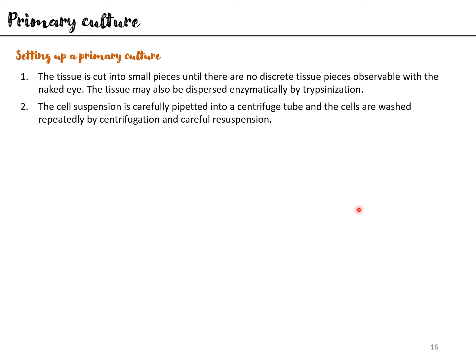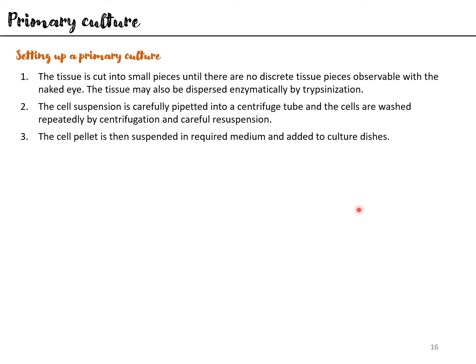You remove whatever supernatant is there, add a buffer, and resuspend the cell pellet in the buffer, centrifuge it again, get the pellet, and discard the supernatant. Add the washing buffer again and repeat this process a couple of times to wash the cells and to remove any traces of the extracellular matrix, enzymes, and other fluids that were already present in the tissue from where you were isolating the cells.